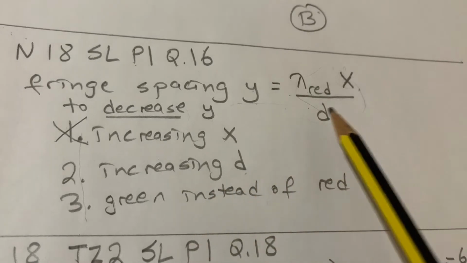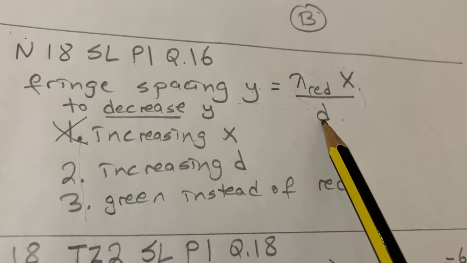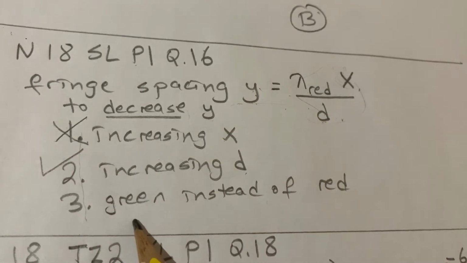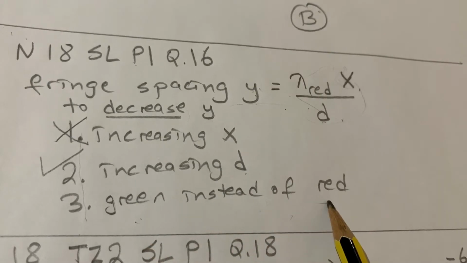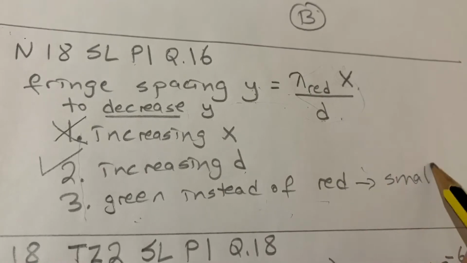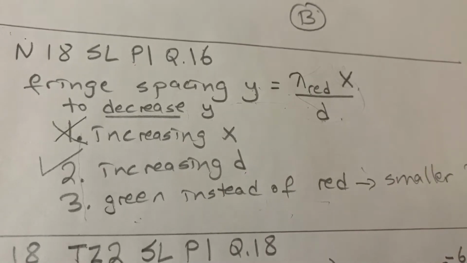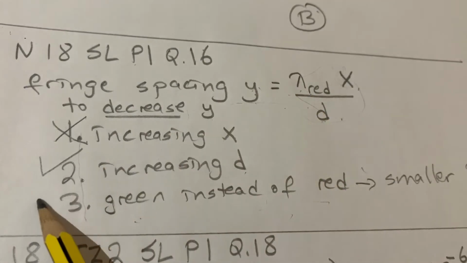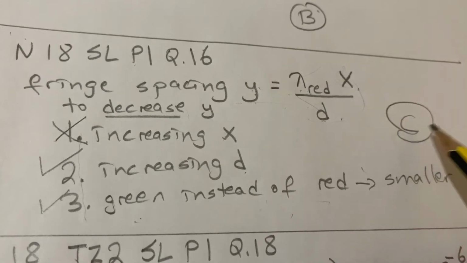Increasing D, since it is inversely proportional, yes, increasing D would decrease Y. Using green instead of red, well, green has smaller wavelength than red, so decreasing wavelength would also decrease Y. So statements 2 and 3 will cause Y to decrease. So the answer is C.